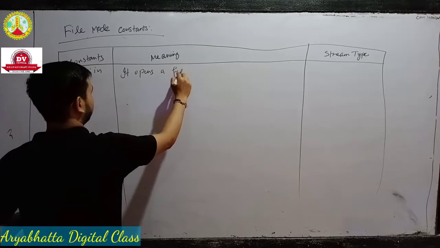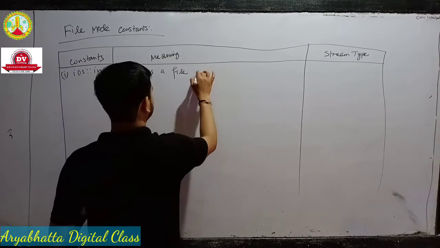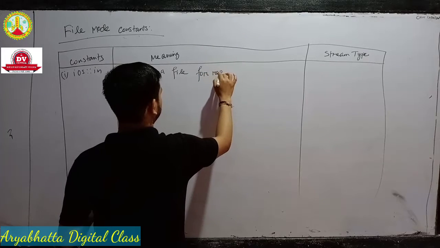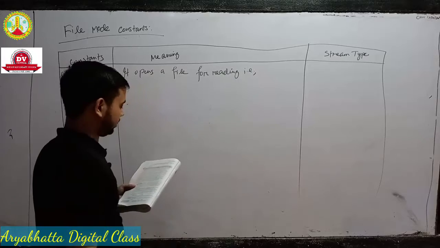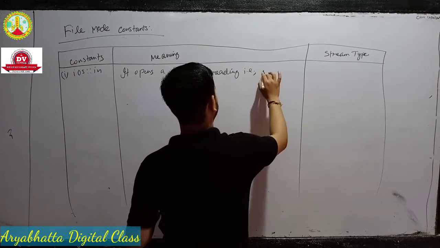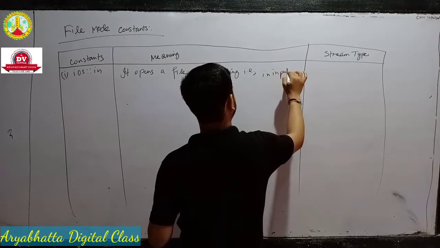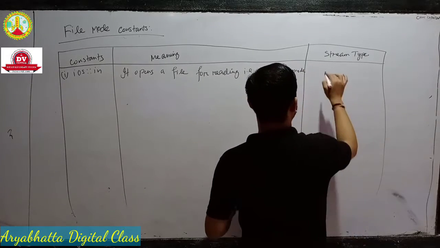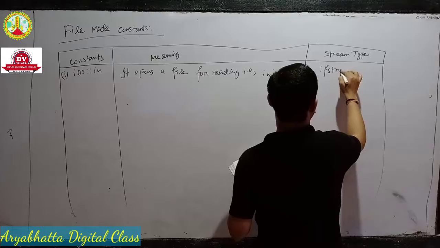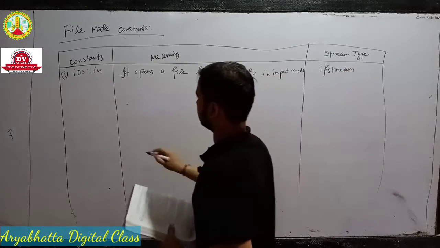it opens a file for reading, that is in input mode. And what is the stream type? fstream, right?